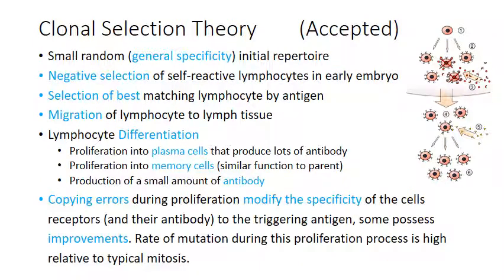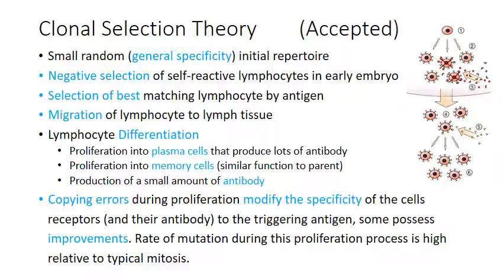So the clonal selection theory is accepted, and it has a small random initial repertoire, which shows that the antibodies have general specificity toward the antigens, and negative selection of self-reactive lymphocytes in the early embryo is done to prevent autoimmune diseases.